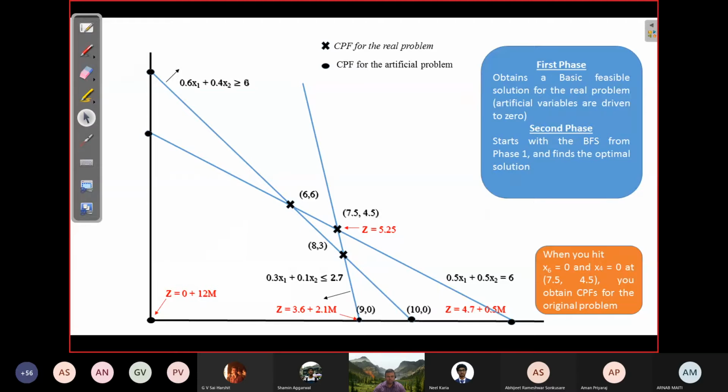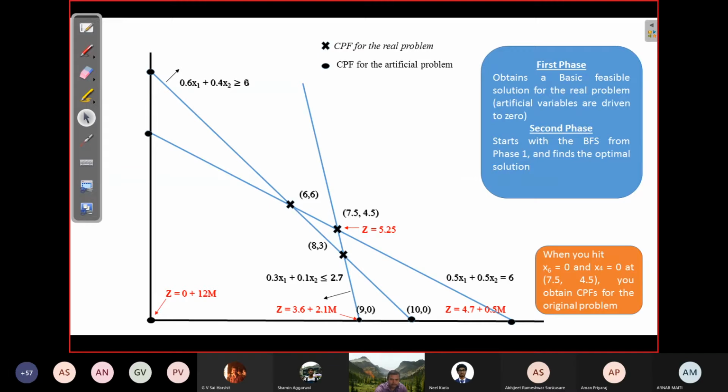So we have to break this tie arbitrarily. In this case, if you choose the one, you get 6.6, and then you have to perform another iteration in phase 2 to get the optimal solution. But if you had chosen otherwise, you would have directly got 7.5, 4.5. So in phase 2, you would not need to perform any more iterations, right?